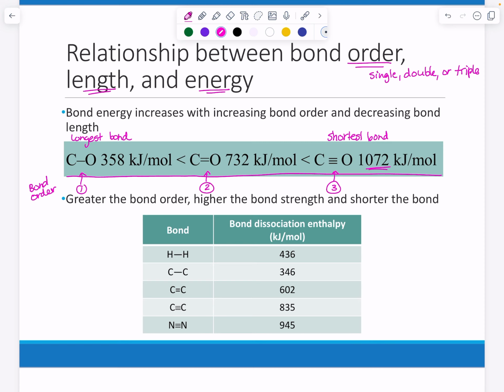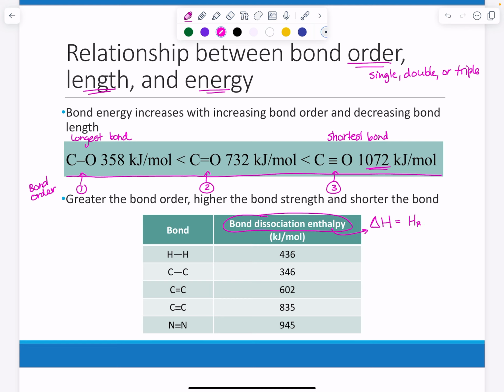Okay, so when we've been talking about bond energy, the technical term for bond energy is bond dissociation enthalpy. And that is given the symbol delta H, where we're taking the enthalpy or the energy associated in the broken bond.